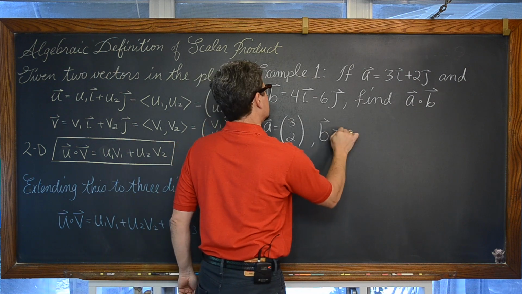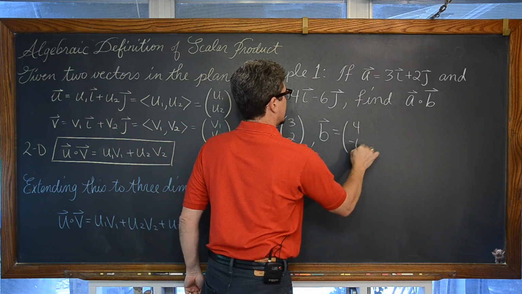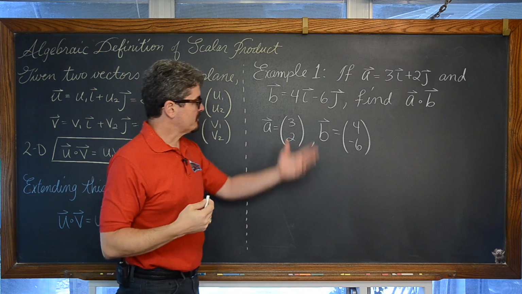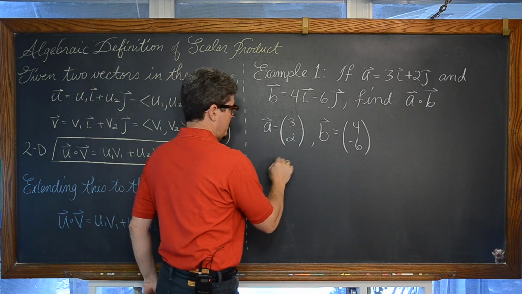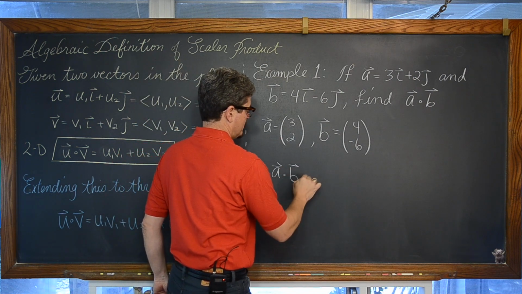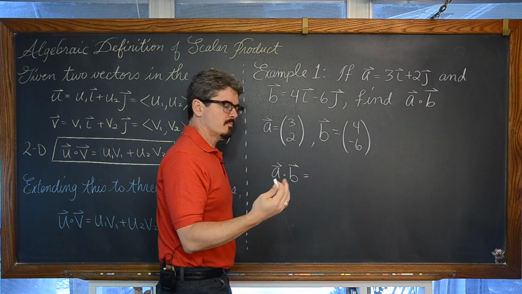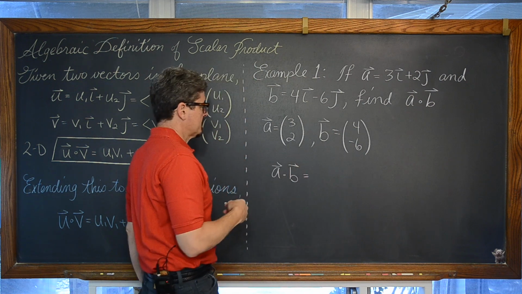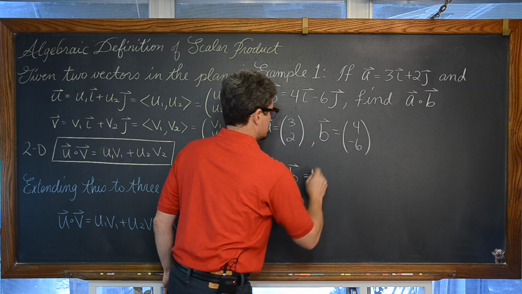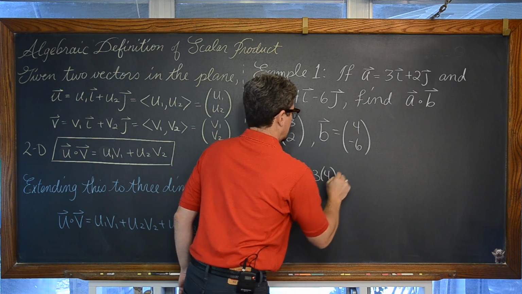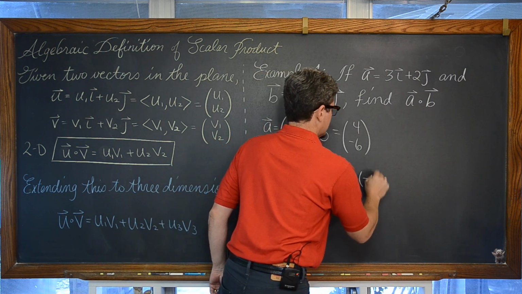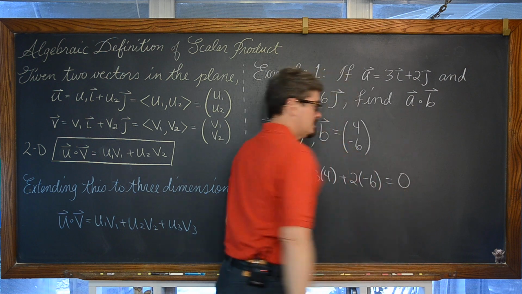Vector B is 4, negative 6. And then if we want to find that dot product, well then vector A dot product with B, scalar product, dot product, inner product, whatever your book is using, we have 3 times 4 plus 2 times negative 6, and that is equal to 0.